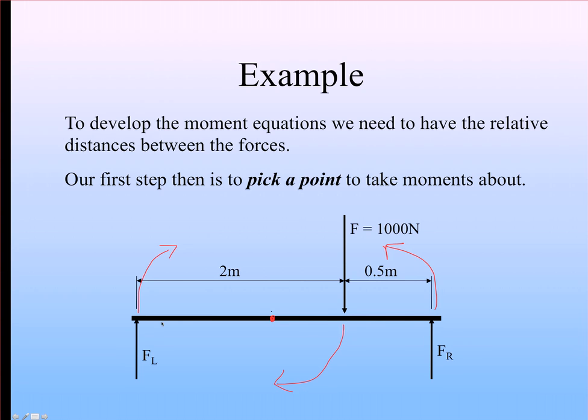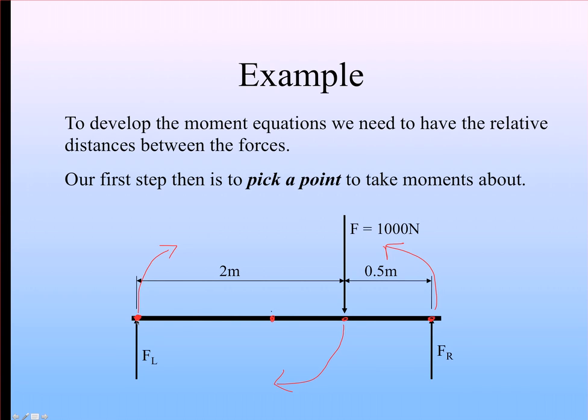What we're going to do instead, though, is we're going to pick a point either here, or here, or here. The reason is that if we pick this point here, then FL is acting at a distance of 0 meters from this theoretical point of rotation.